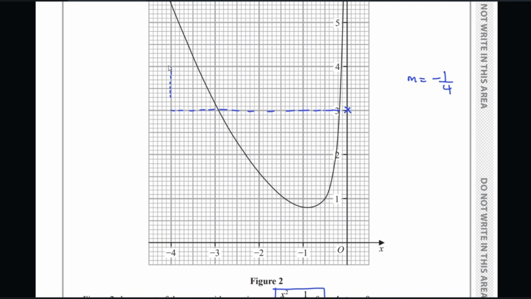So the next cross would be here. That's one way of thinking about it. If we start from here, we are running 4 units forwards, and then we are falling 1 unit down so that we reach the second point. Anyway, we have 2 plots for the linear equation, and we can just connect them to get a straight line.